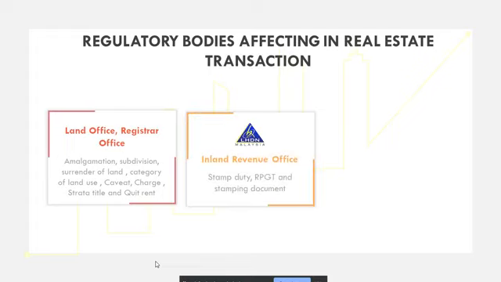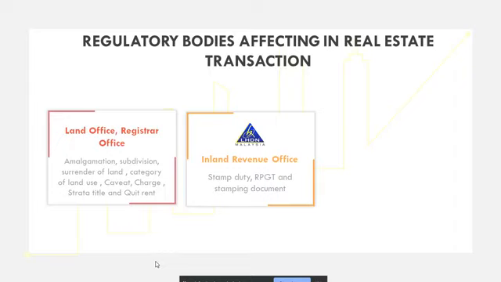So second is the Inland Revenue Office, LHDN. Stamp duty, RPGT and stamping documents. Stamp duty is a tax imposed on legal documents or letters such as sale, transfer of property, home loan, loan agreement, the memorandum of transfer that we learned in the previous chapter, and deed of assignment.